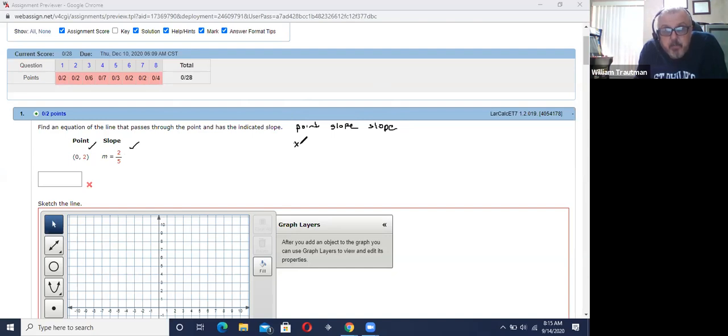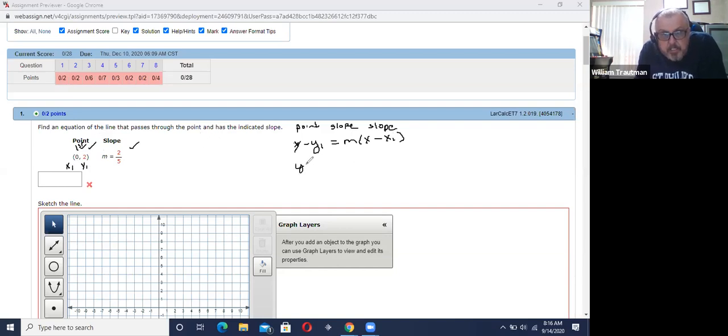Point slope formula is y minus y1 equals the slope times x minus x1. And since this is the point, I'm going to say this is the x of the first point and this is y of the first point. If I call this the first point, it's the only point.